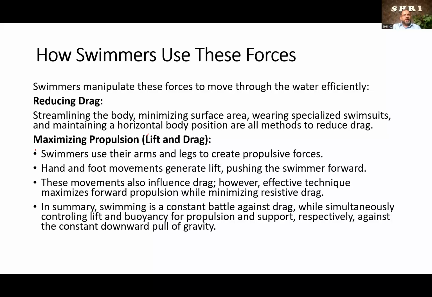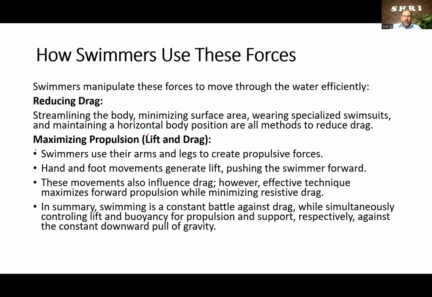So, streamlining the body: as I told earlier, you have to keep the body straight and both upper limbs in front of the head, with the elbow in a fully extended position. Then you have to minimize the surface area. That is also one strategy to reduce the drag force.